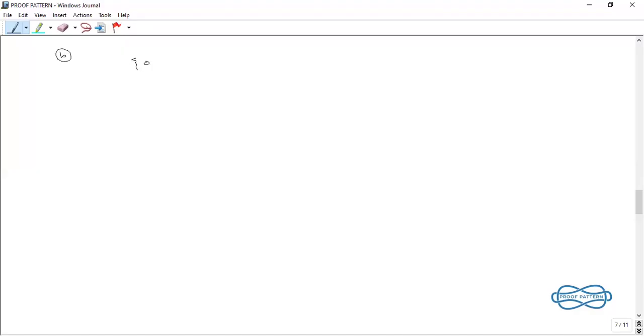If we take the same set and check it under addition modulo 15, then we will see that it is not closed, because if we add 4 plus 12, that will be 16, and that will be congruent to 1 modulo 15, but this 1 does not belong to the set.